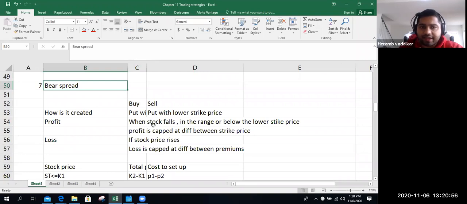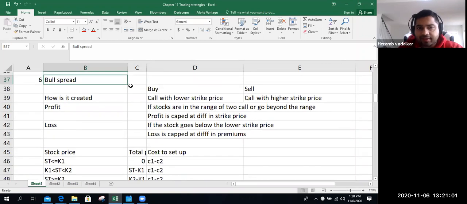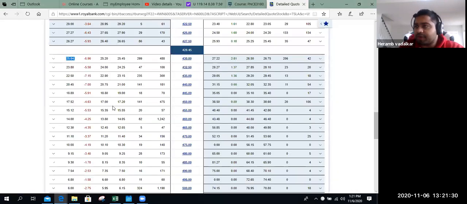Next is the bear spread. So when will you do a bull call spread? When you think the stock is going to rise, but within a limit. For example, a bull call spread could be done on Tesla.